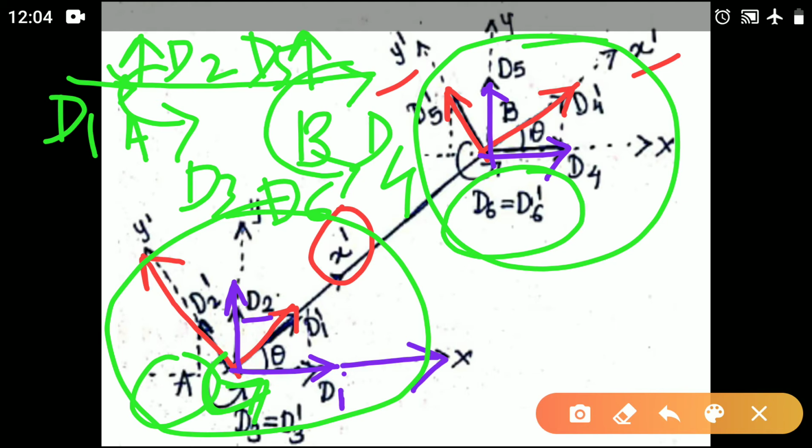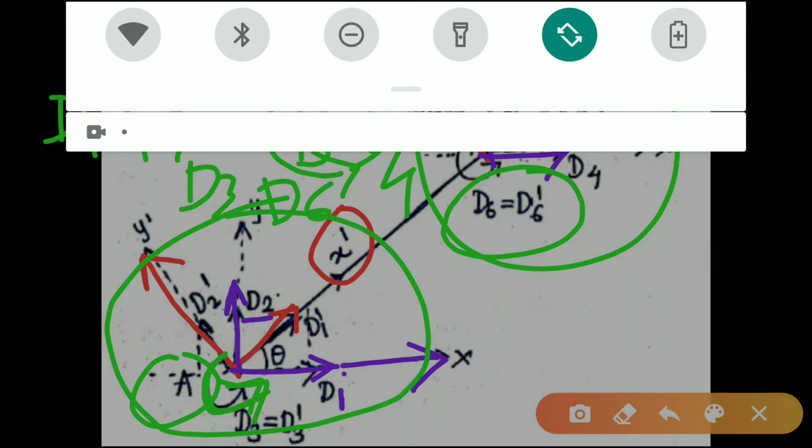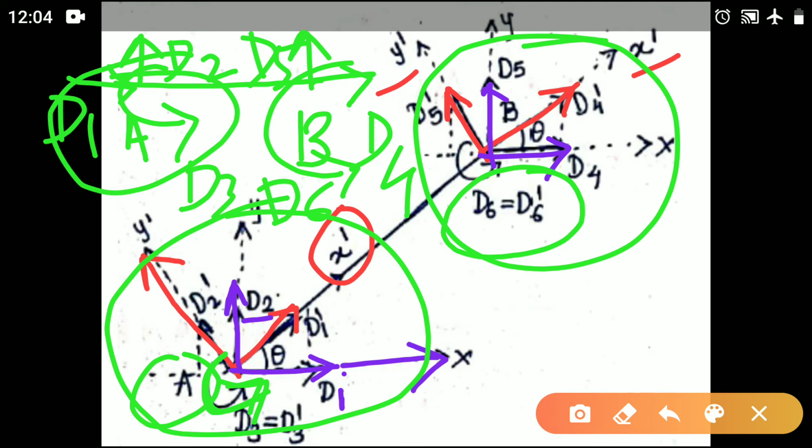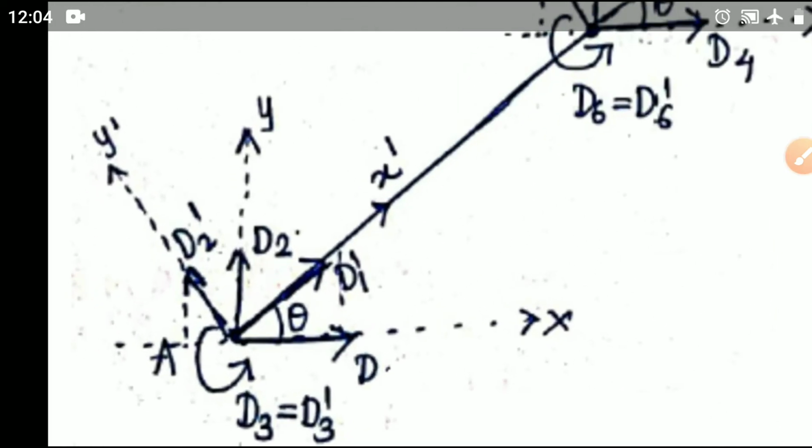So it is very important to fix the direction of x dash, y dash, and the direction of the x axis and y axis, and according to that you show these degrees of freedom d1, d2, d3, d4, d5, d6 at A and at B respectively. Okay, so after completion of this figure, the next thing is to write.